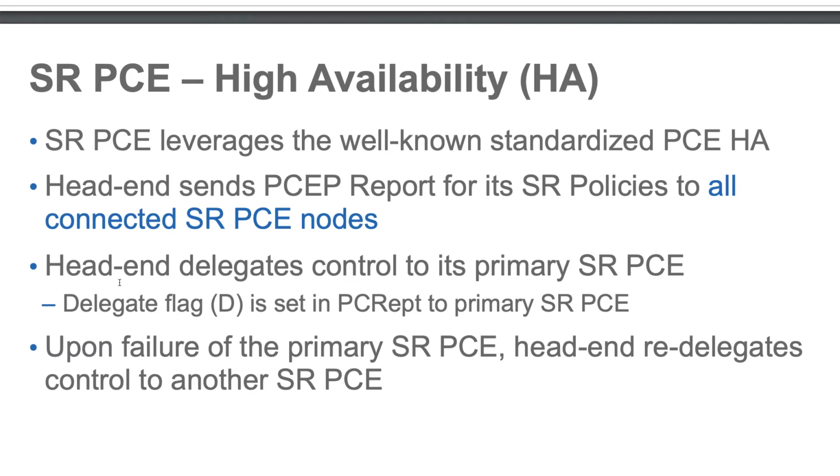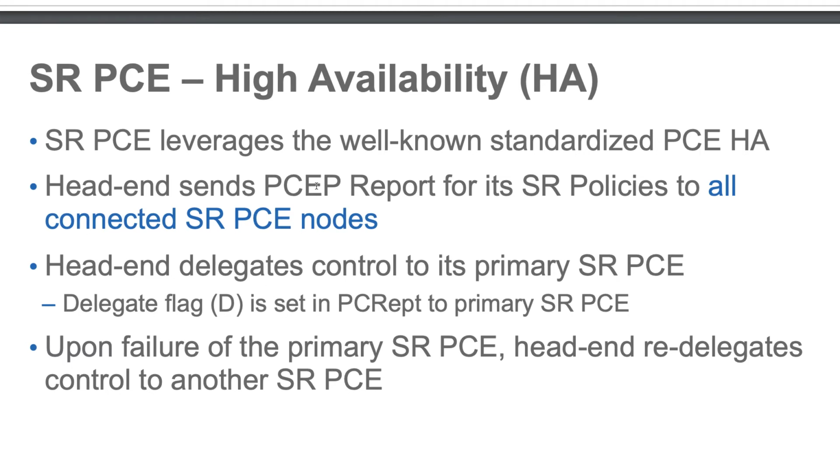The headend node, which is our PCC, simply delegates the control to its primary SRPC. Let's say in the HA we have two PCEs: there is a primary SRPC and a backup or secondary SRPC. The headend will delegate control to the primary SRPC. What do we mean by delegate?